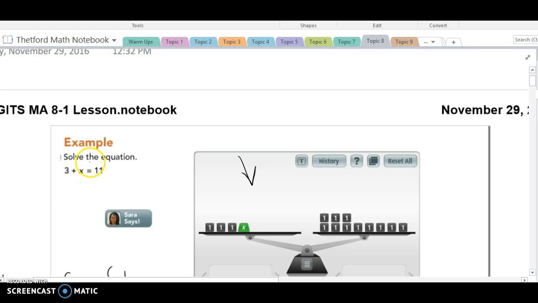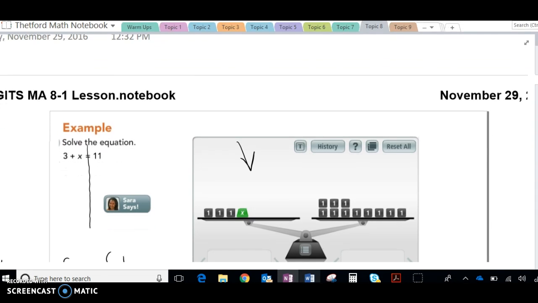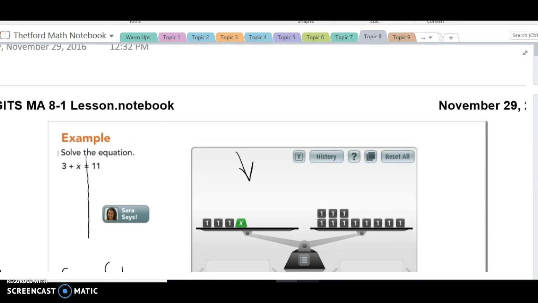The first thing we do, always, is draw a line down the equal sign. The reason we draw a line down the equal sign is because we are trying to balance it. Whatever I do on this side of my equation, I have to also do on this side. This line is equal to the middle part of our balance.